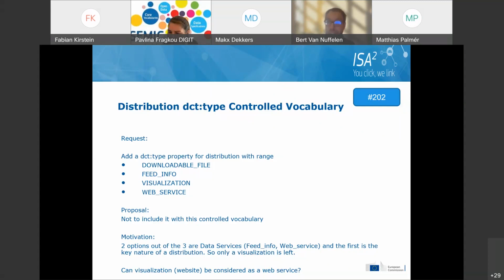Well, DCT type as such is then not needed anymore. If your local profile needs it, you still can add it. But at least with the motivation of having access to this controlled vocabulary, there's no need anymore. So then there's no need to add even the property. That is the answer to the question of Xavier.